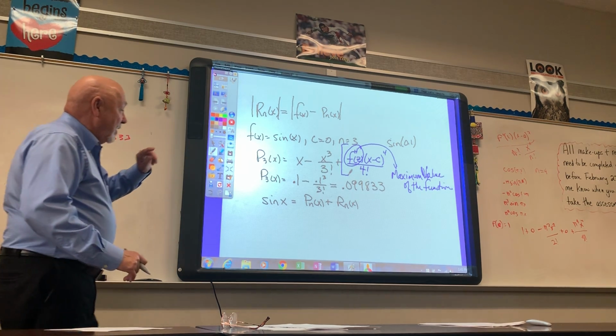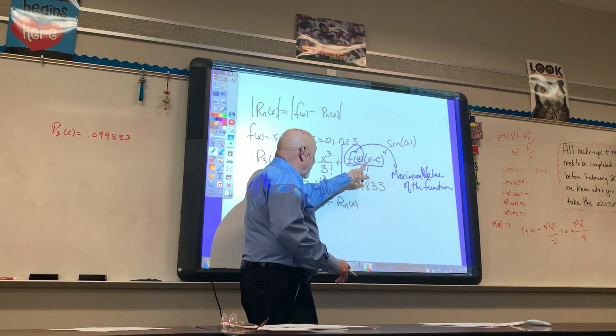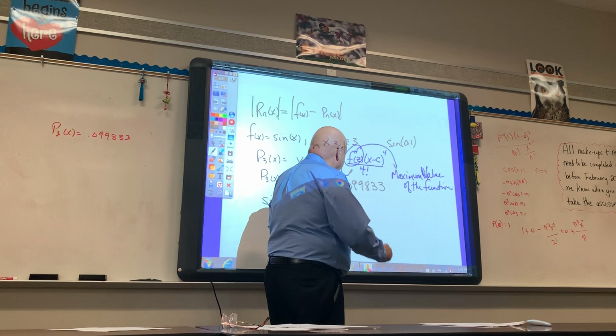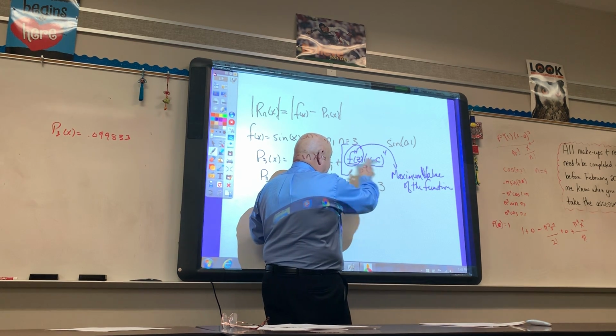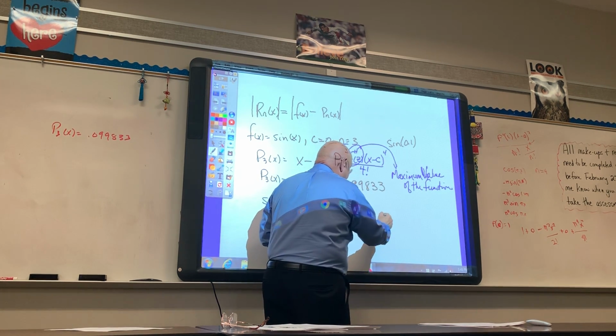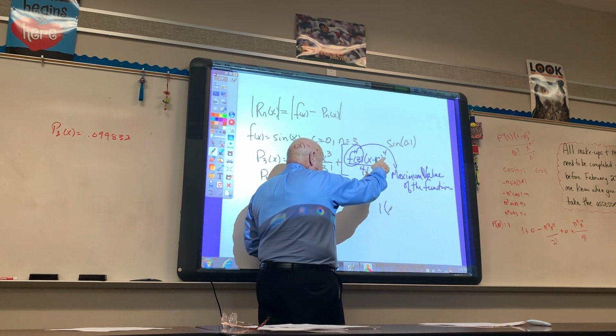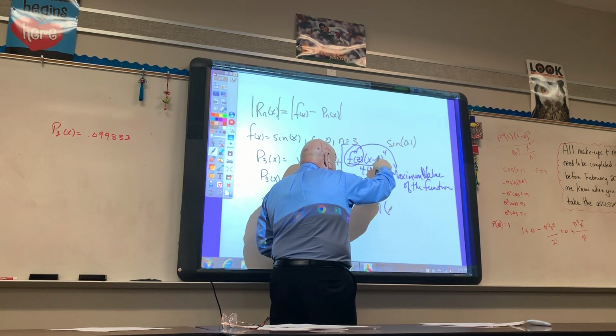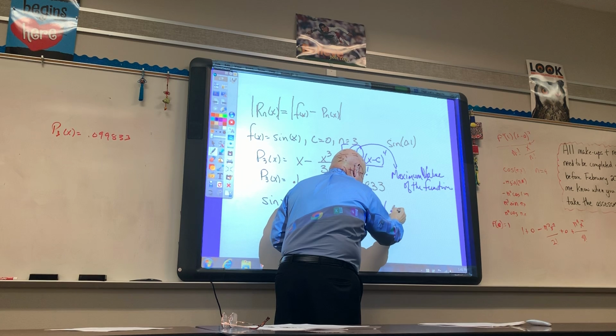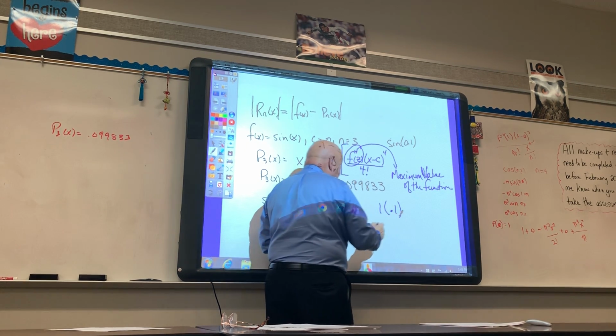So this term right here would be, and I'm not going to go through the trouble of erasing all this, that would be a 1, and X is 0.1, to the 4.